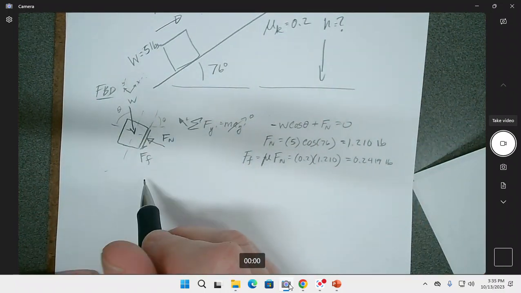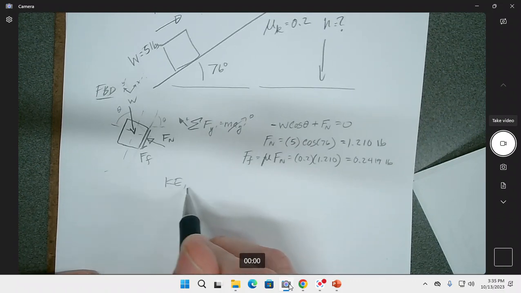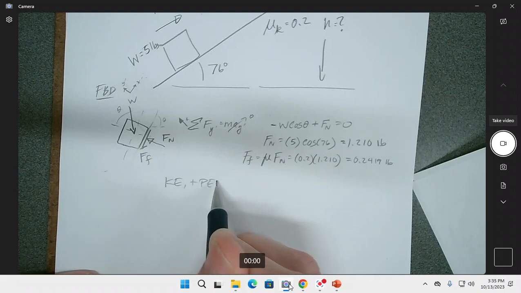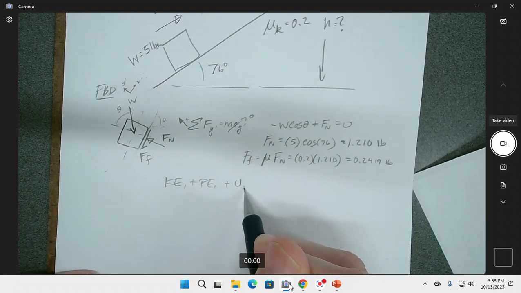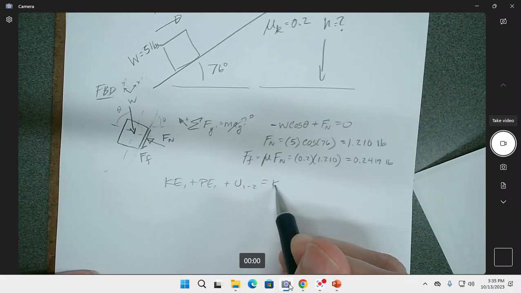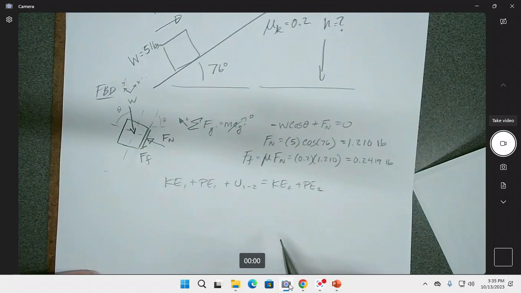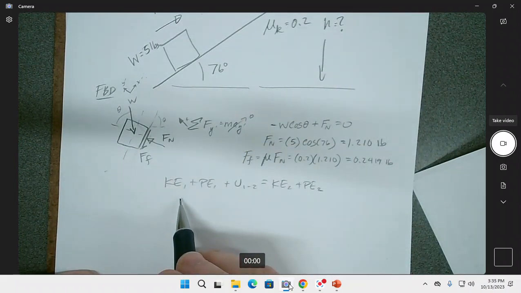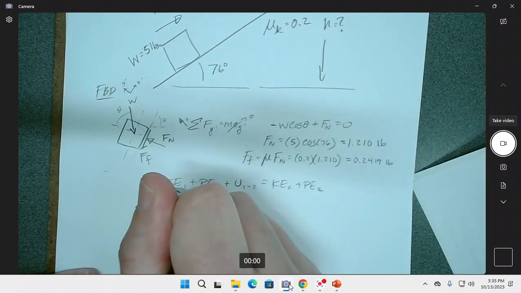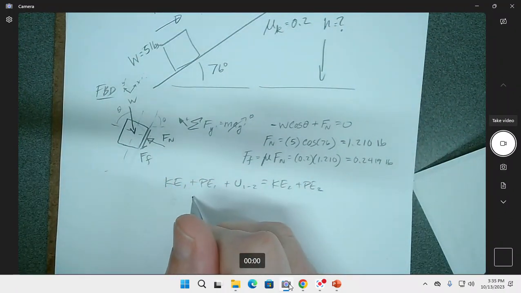And then we will say that we have KE1 plus PE1 plus U1 to 2 is equal to KE2 plus PE2. Start putting them together. I usually do it on the list of stuff.